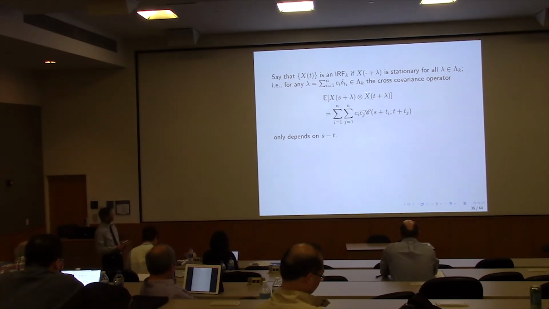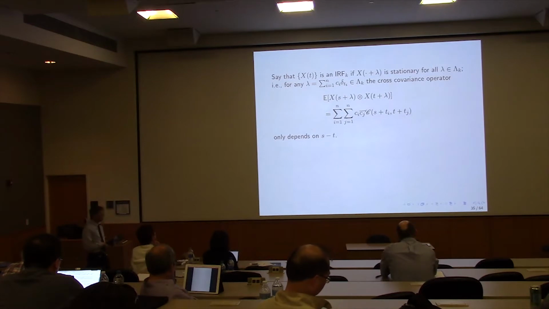Now, the cross-covariance operator, of course, is simply this for this particular lambda, where C here is the cross-covariance of x. Right, so here we're assuming that this expression only depends on s minus t.